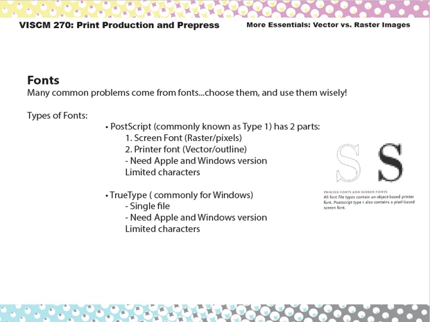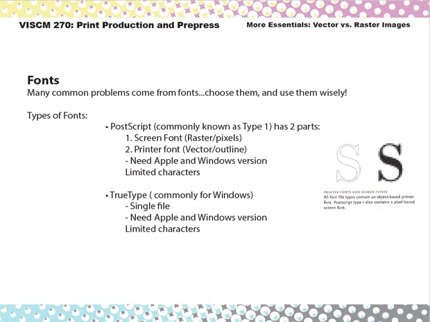So some of those fonts were broken into two types, and you can see them here. The first type I'm going to talk about is PostScript, commonly known as Type 1 font. And these were usually for Mac computers, Apple computers, a long time ago. So a PostScript font has two parts to it, a screen font and a printer font.